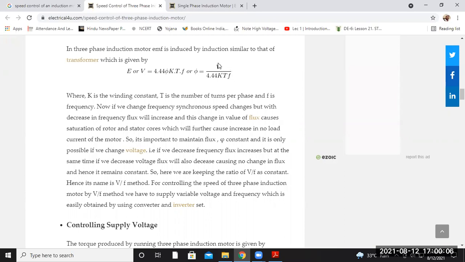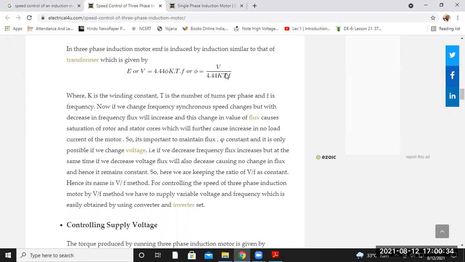So to control the speed of the induction machine using this method, we have to use a variable voltage and frequency source. That means if we have the equipment to vary the voltage as well as the frequency, then only can the induction machine speed be controlled by this method. It is very easy if we use variable frequency, which is mainly obtained by using a converter and inverter section.